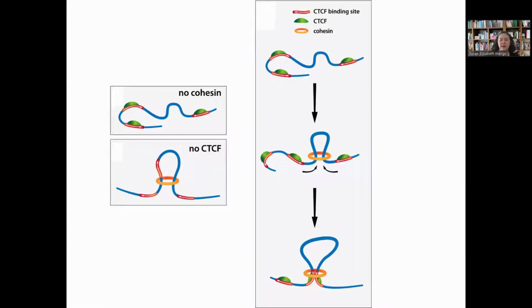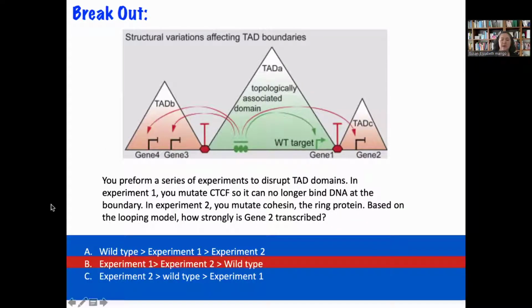So if we think about that, then experiment 1, where you get rid of CTCF, is likely to have the highest expression because we're going to remove this boundary. And now this enhancer element can contact gene 2 because they're all in one big domain.